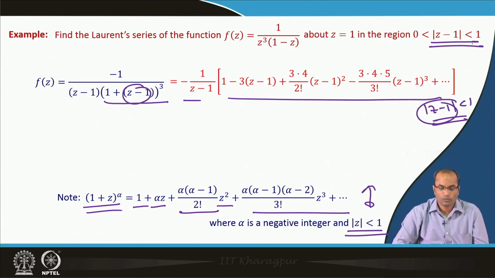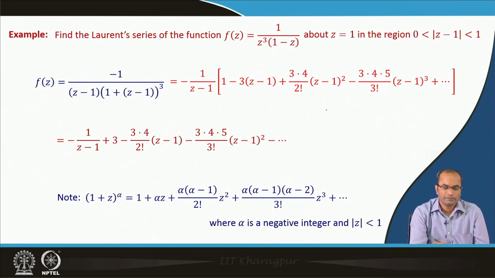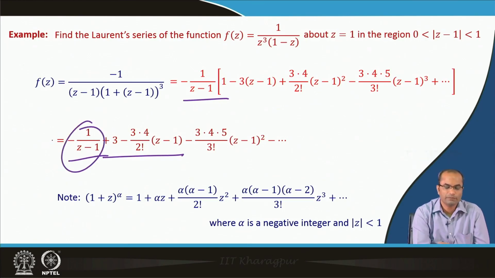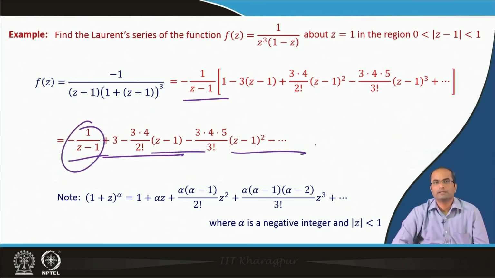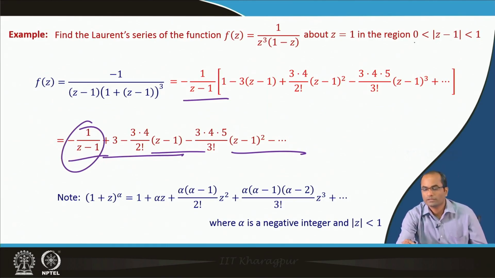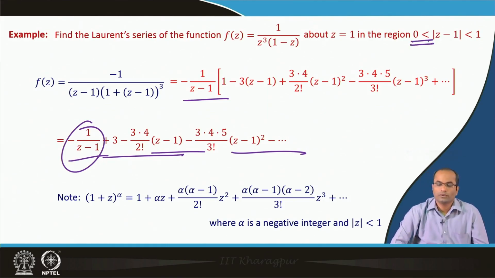Having this expansion, we can just club the terms. This one is the negative power, and all the others are positive powers of z minus 1, because this was the situation with a deleted point. Otherwise we would have had an annulus here, but only the one point, z equal to 1, is not in the domain; otherwise this is valid in the whole domain except the point z equal to 1.